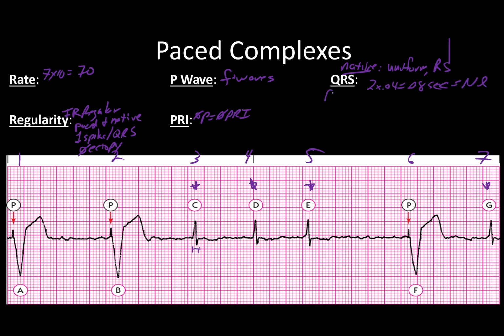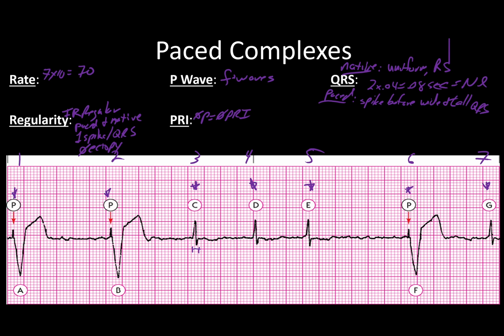As for the paced beats, what can we tell about those? The paced beats are the ones with the spike in front of them, so it's going to be beat 1, 2, and 6. And we have a spike before a wide and tall QRS.